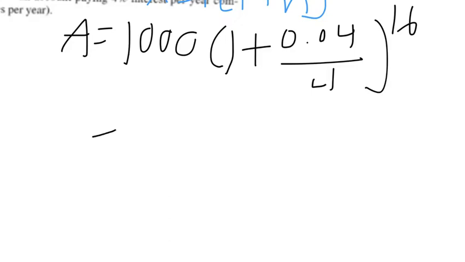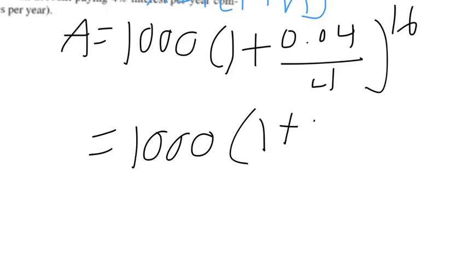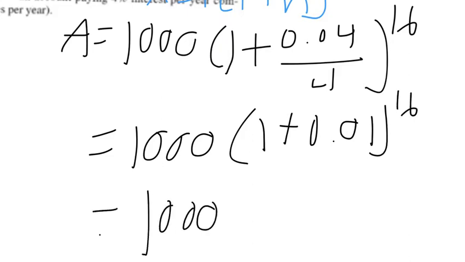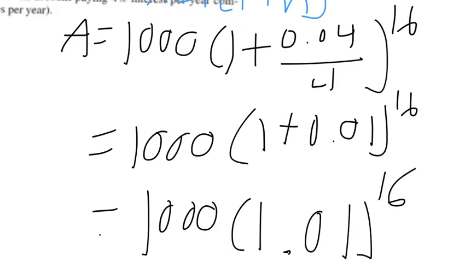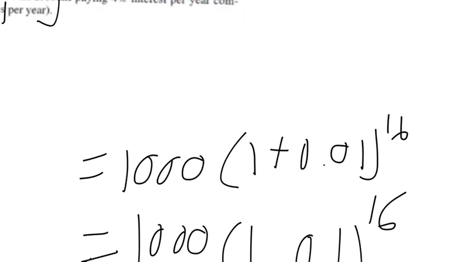So this would be equal to 1,000 times 1 plus 0.04 over 4, which is 0.01, raised to the power of 16. So that's equal to 1,000 times 1.01 raised to the power of 16. If you're good, you can type it into your calculator at this point.